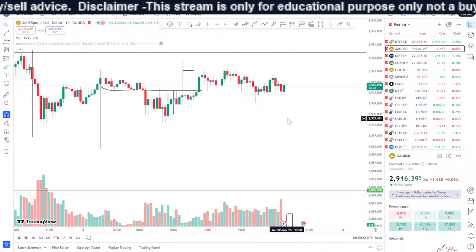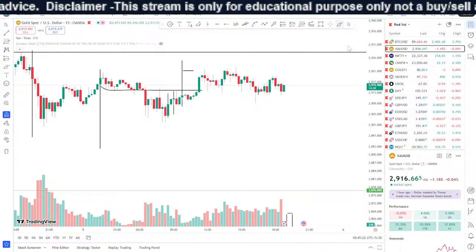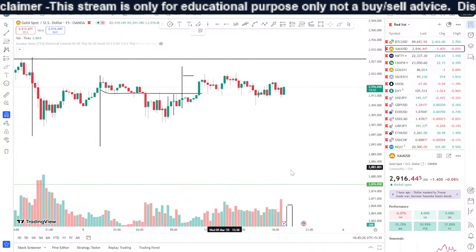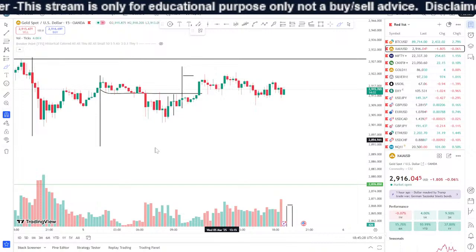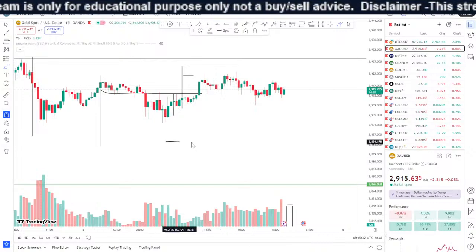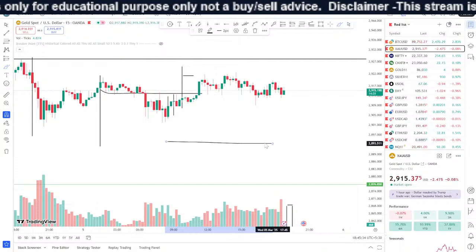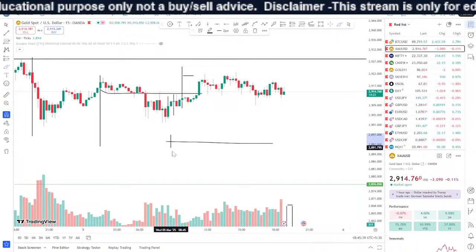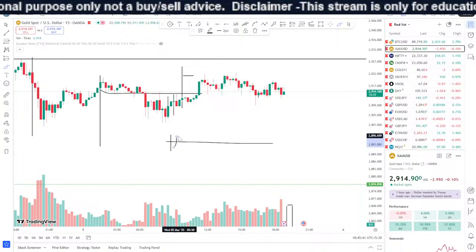What is movement divergence? Remember one thing: movement divergence means any range of action where the volume has not increased. With the volume not increased, you will see a POI range in between that.